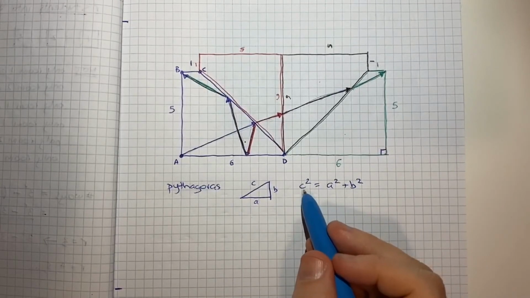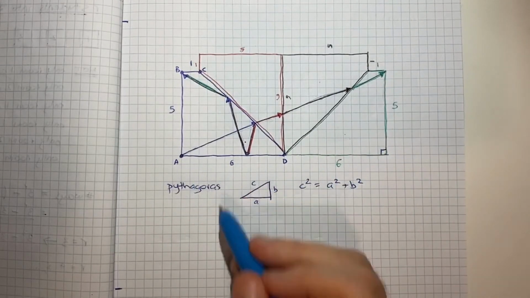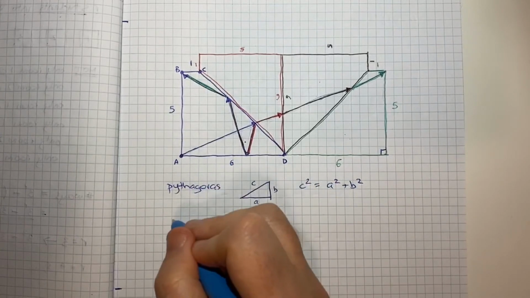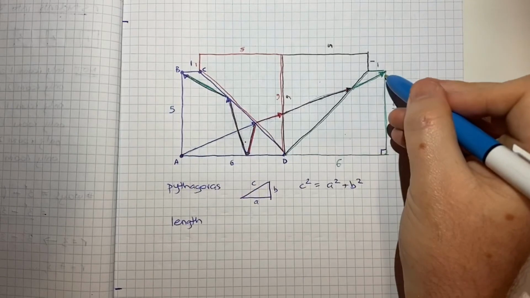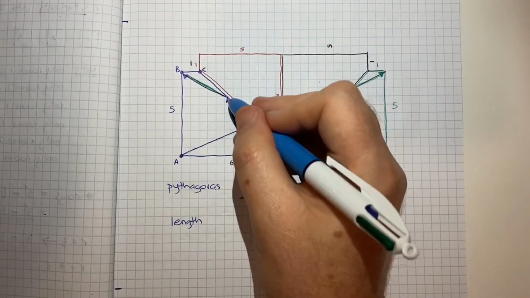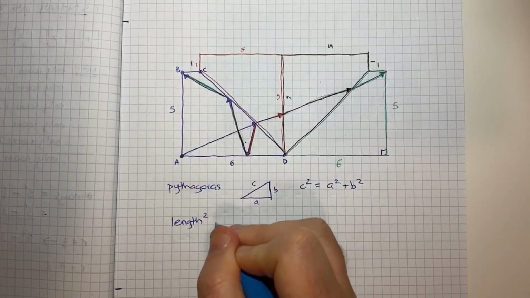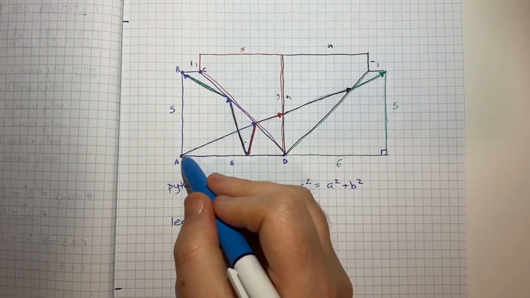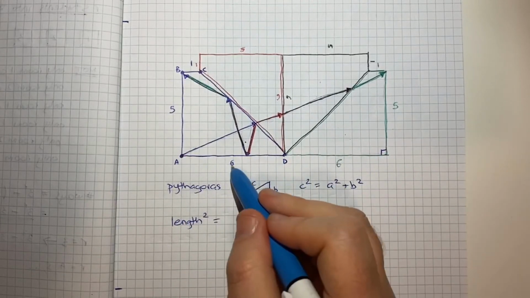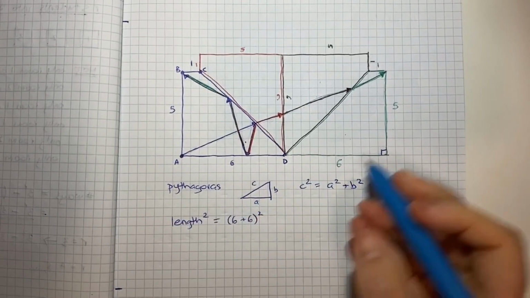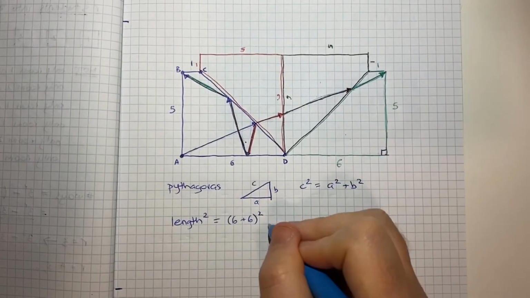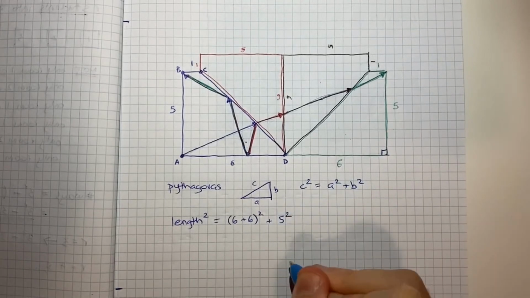So if we now use that same rule, what we can get here is that the length of our line squared, so the length of this one long line, which we know is the same as all 4 movements, that squared is going to be equal to the length of this whole thing, which is 6 plus 6 squared, plus the length of this side here, which is 5 squared.